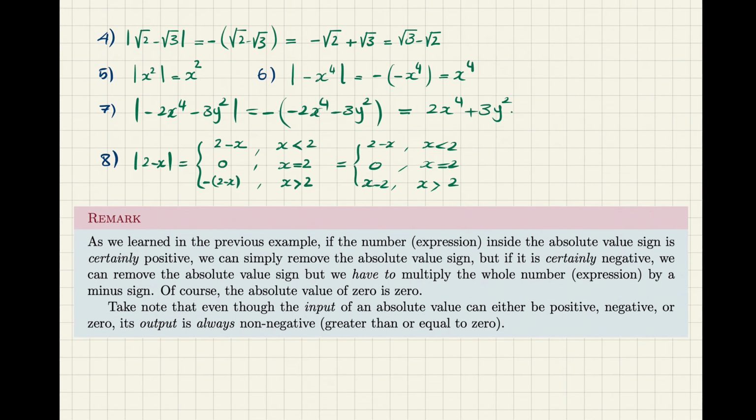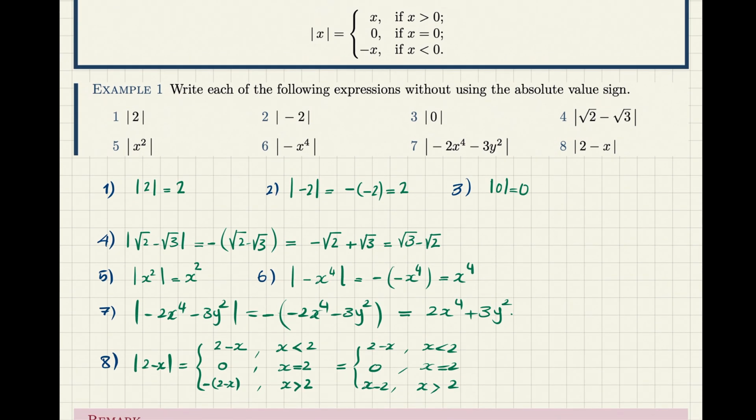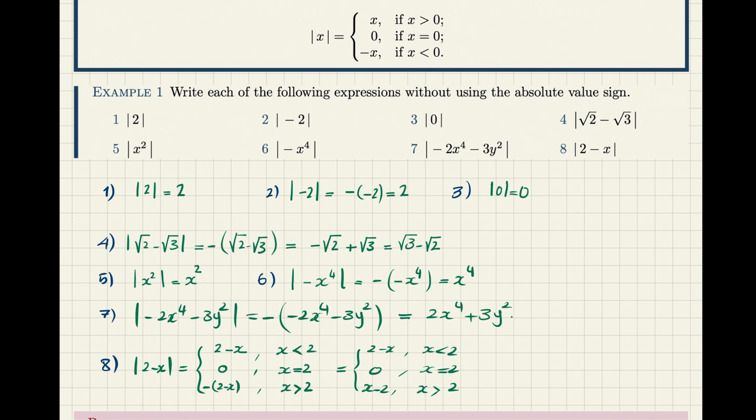Let me talk a little bit about the remark. Okay, this is a different remark, sorry. So here in this example we learn that inside the absolute value sign we can have all possibilities regarding the sign of that expression. That might be a positive number, might be a negative number, might be 0.